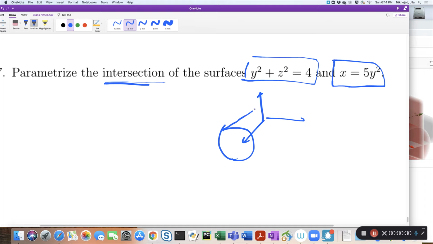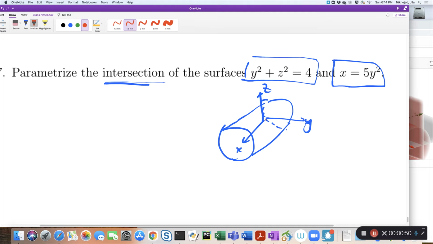It's just that the circular cylinder sitting like that lies on x direction, and in the y and z direction it looks like a circle down there. And then what is x equal to 5y squared?